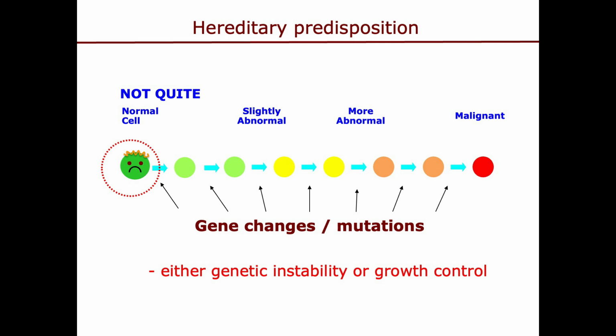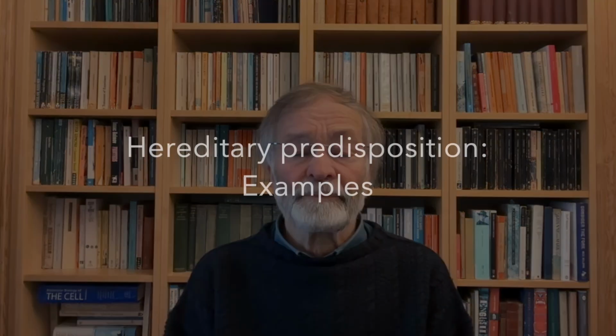The hereditary mutation is inactivation of one copy of either BRCA1 or BRCA2, and this means that when you lose your remaining copy of the gene in one of your cells, that cell becomes defective in DNA repair of strand breaks.